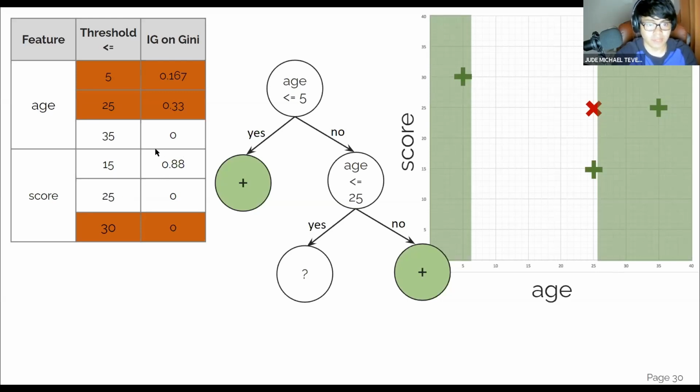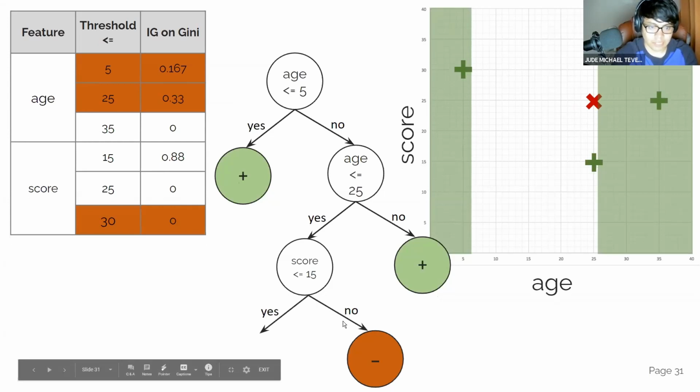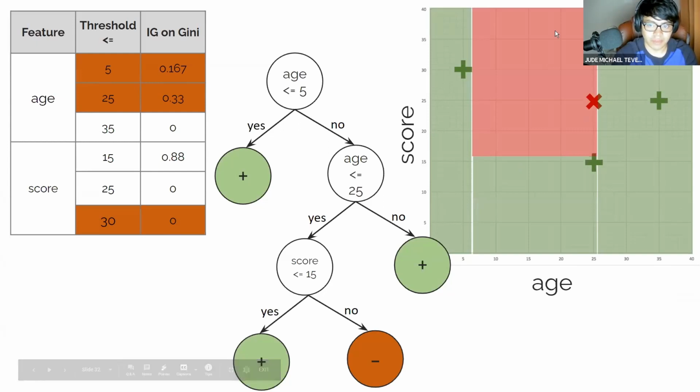The highest information gain will come from this specific question: the score is less than or equal to 15. If we ask that question, we'll gain this much information. So that's the one that we choose for the last question. And now we have handled this problem very well because we can now accurately predict this.